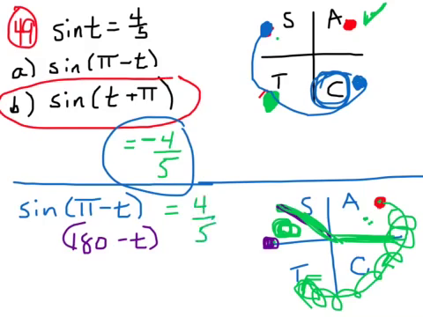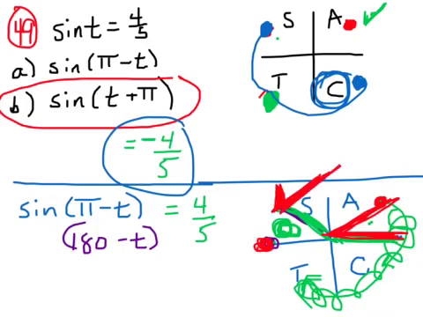What if I started off in quadrant 1? What if I had a little angle that looked like this, and I subtract that from 180? Remember, 180 is way over here. If I take 180 and cut that little bitty angle out, let's say that's 20 degrees, 180 minus 20 degrees would be 160 degrees. That would put me in this other quadrant, where sine is still positive.